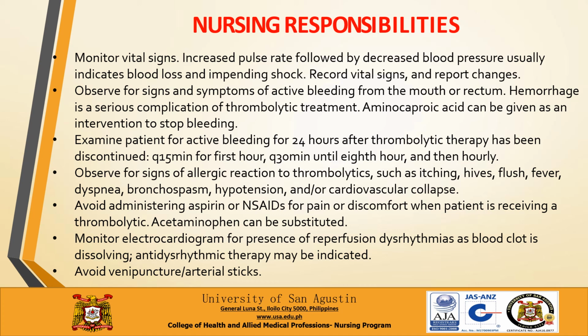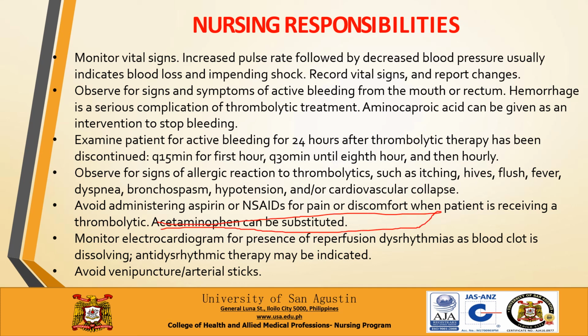You have to monitor the vital signs for the nursing responsibility. Again, monitor vital signs, observe signs and symptoms of bleeding, examine patients for active bleeding for 24 hours, observe for signs of allergy as well, and then avoid administering aspirin or NSAIDs for pain and discomfort. Or the safest that we can give is acetaminophen to be substituted.